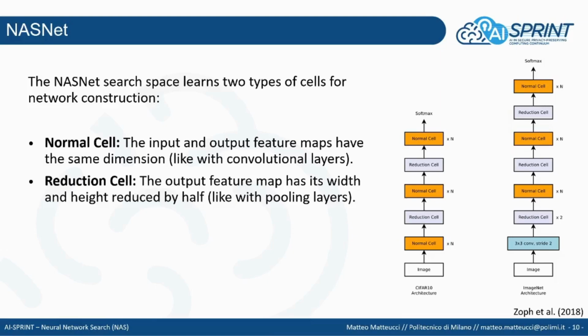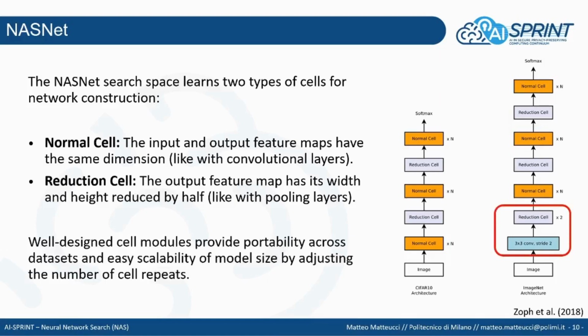By combining these cells, we can build blocks like the one in the picture, and by concatenating normal cell, reduction cell, normal cell, reduction cell several times, we can generate networks which are quite good and can even be portably exchanged between one dataset and the other.